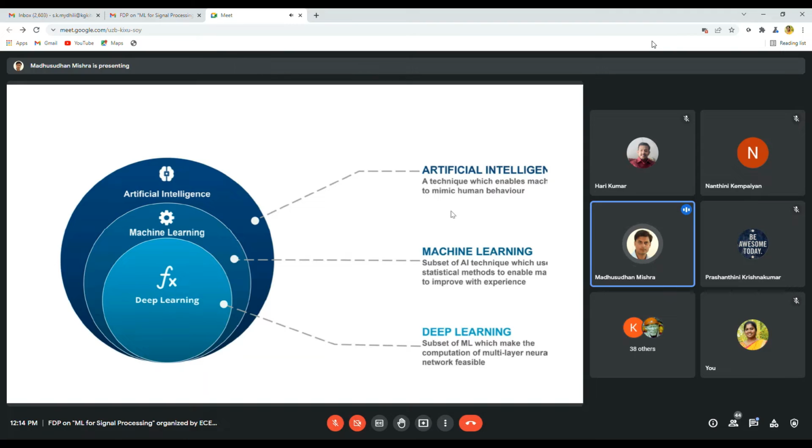Deep learning is a further subset of machine learning which makes the computation of multi-layer neural networks feasible, and it can even be applied to raw data.